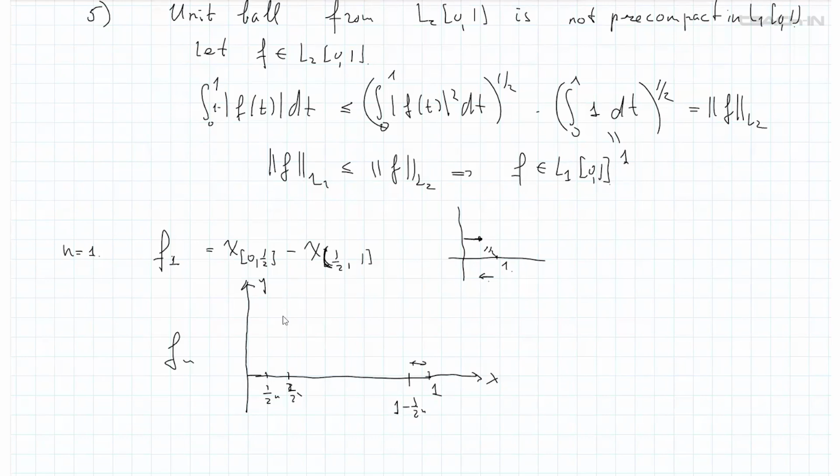The length of all intervals is 1 divided by the nth power of 2. And the function looks like this: here 1, here minus 1, here 1, here minus 1, 1, minus 1, 1, minus 1, etc. Yeah, clear? What can you say about the norm of these functions in L2 and in L1?